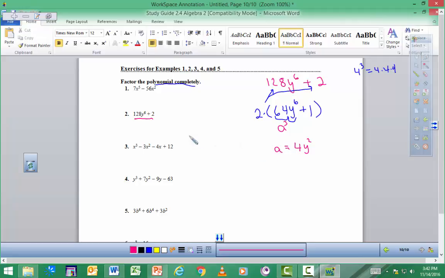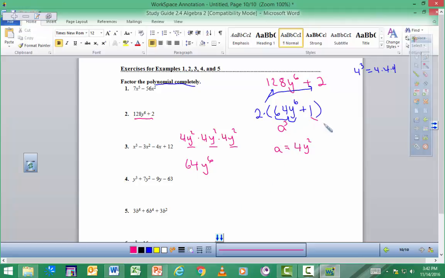If you were to cube this, you'd have 4y squared times 4y squared times 4y squared. So 4 times 4 times 4 is the 64. And then y squared times y squared times y squared is y to the 6th power. So indeed, that would be your a.